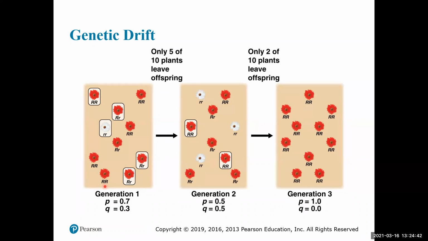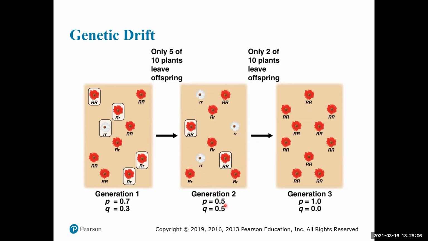So dominant, 70%, recessive, 30%. Now, let's say we have just kind of a random event where only 50% of the plants produce offspring, so 5 of the 10 produce offspring. You end up with this frequency.